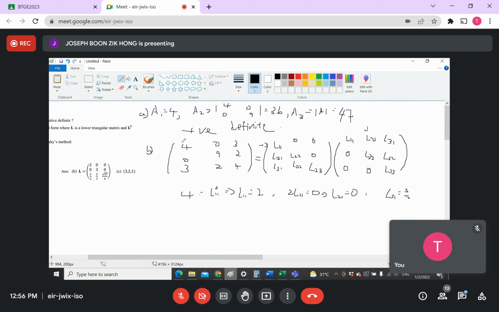So I have L11, L21, L31. Now I don't have the L22, L32, and L33. Okay, second row, second column. L21 times L21, so it's 0, and then L22 square is equal to 9. So L22 equal to 3.